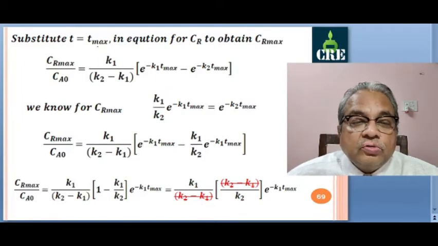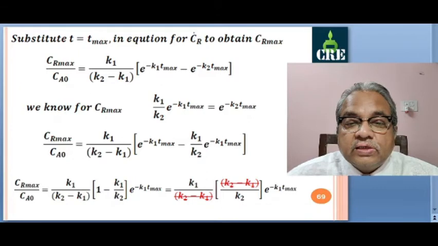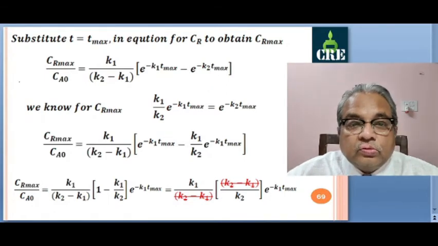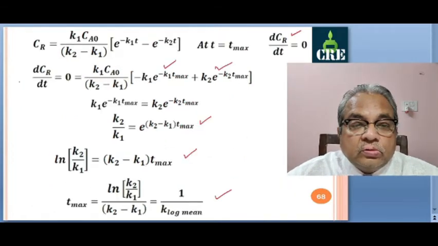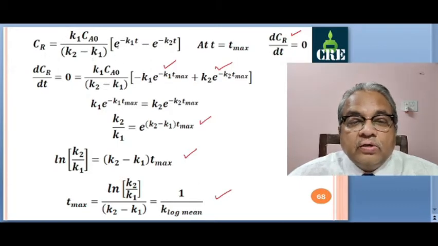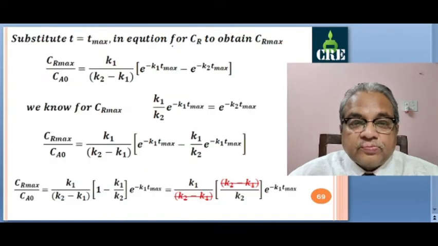So t max value we have got. Now if I substitute t is equal to t max in the expression for CR, I get CR max. So in this expression if I substitute CR is equal to CR max, CR max by CA0 is equal to K1 by K2 minus K1 and e raised to minus K1 T max minus e raised to minus K2 T max.